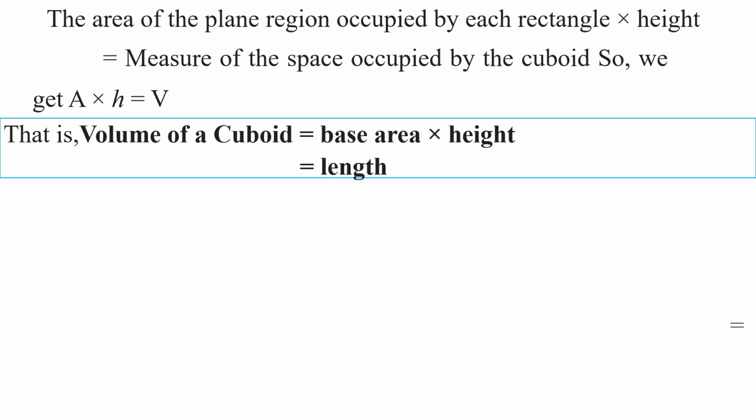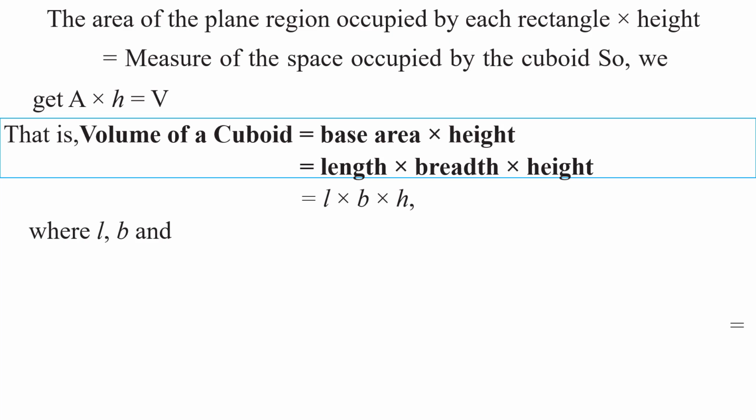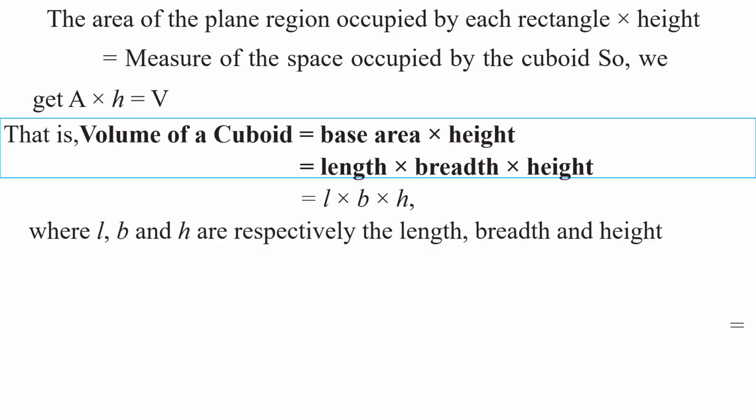That is equal to length into breadth into height, because the base is in the form of a rectangle. So area of the base is length into breadth. Yes or no, my children? Into height. That is equal to L into B into H, where L, B and H are respectively the length, breadth and height of the cuboid.